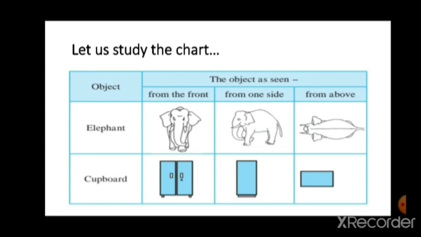So when you look from above, from the side angle and from the front angle, you can see three different surfaces of these objects. Understood? In this way we are going to study three-dimensional objects.